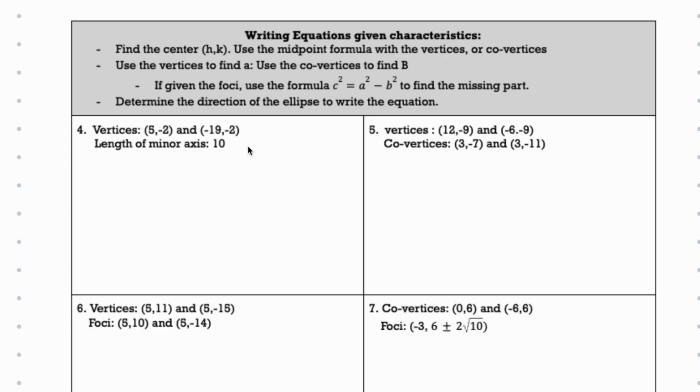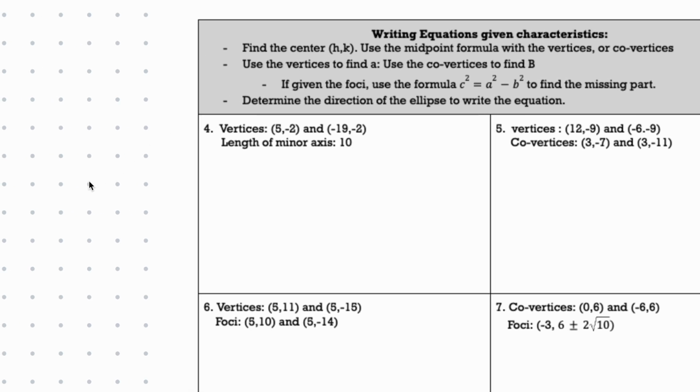So first thing I realize is we have the same y value, but we have different x values. And so what that tells me is, this is not going to be a great graph, but it's just a sketch. We have, say this is negative 19, and this is 5.